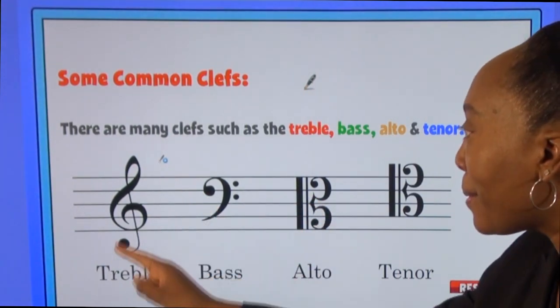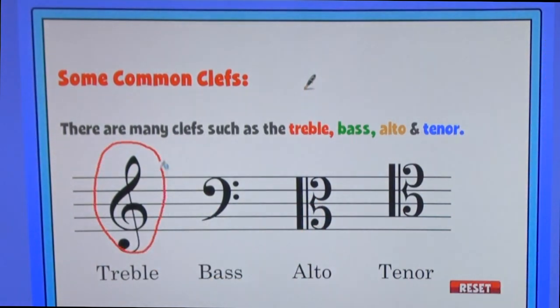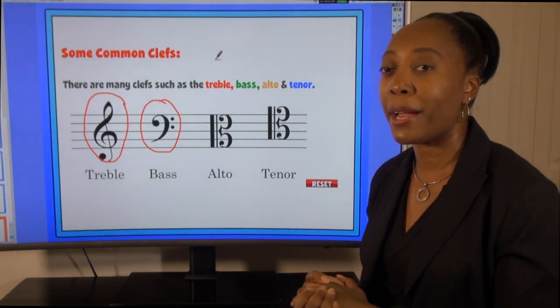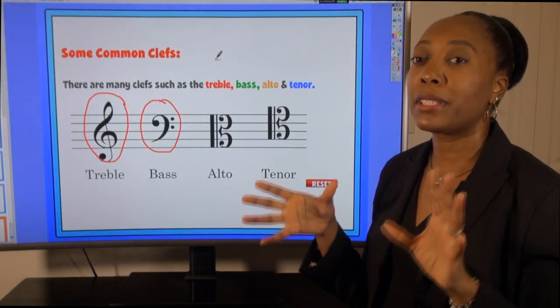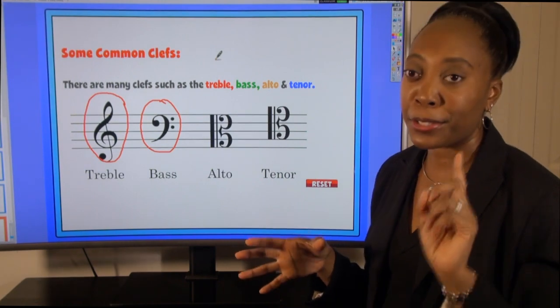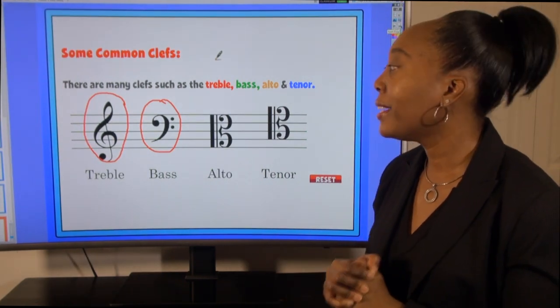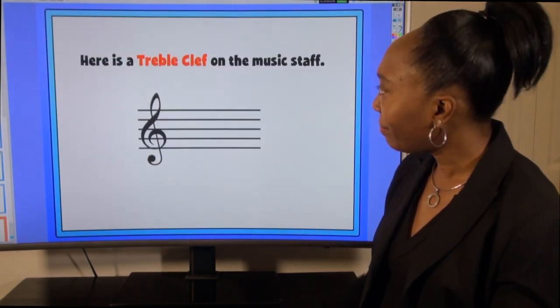Yes, the treble clef and the bass clef. Yes, see? All right, so those are the 2 common clefs that we're going to talk about. But in this lesson, we're just going to focus on the treble clef. We'll talk about the bass clef in another lesson. So let's learn some more.